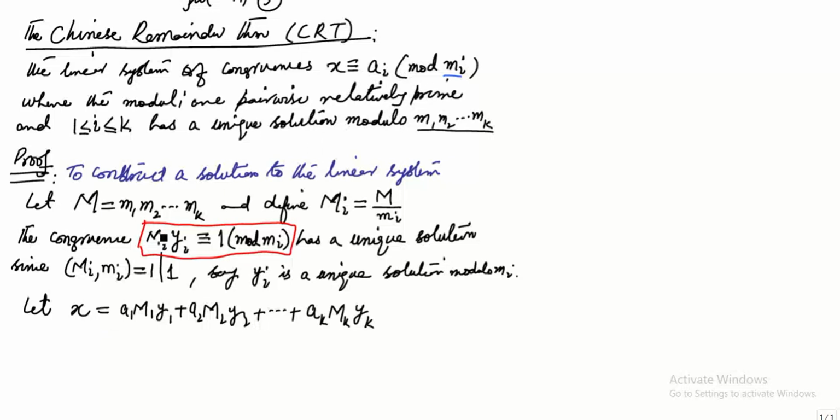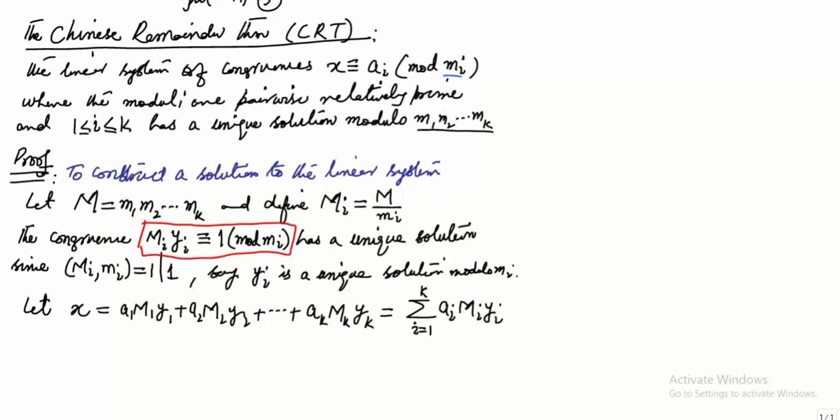This can also be written in the compact form: the sum, i from 1 to k, ai Mi yi.